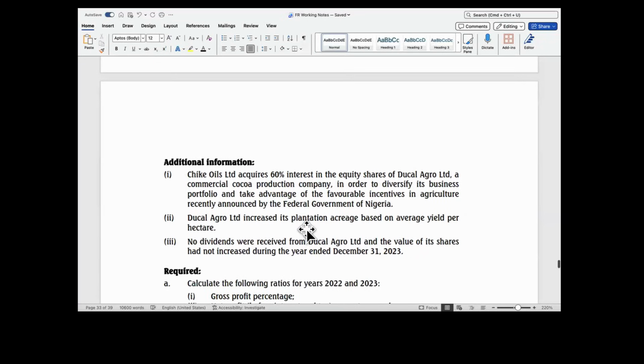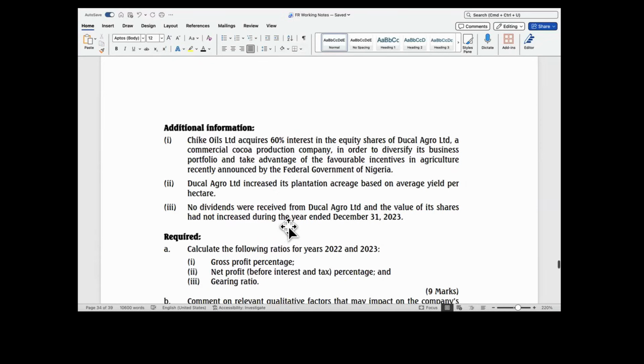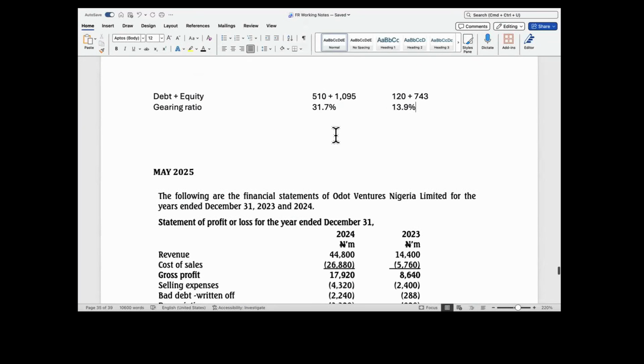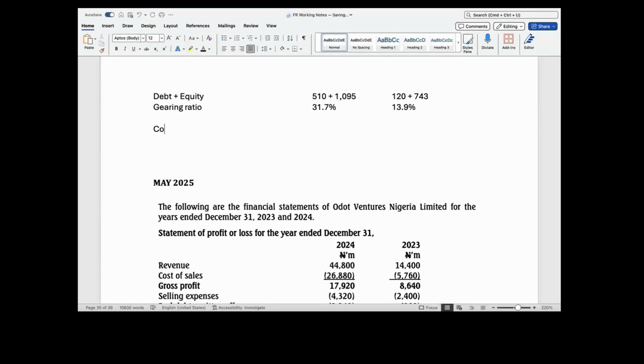Even though Dukalago has increased their plantation outputs based on average yield per hectare, they have not received dividends from them, and the value of the shares is not even increasing. Is there anything around that we could come up with as a qualitative factor before we move on to the general ones?